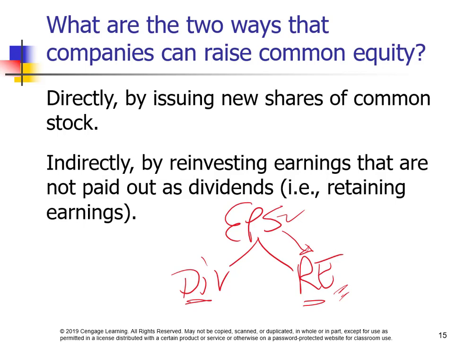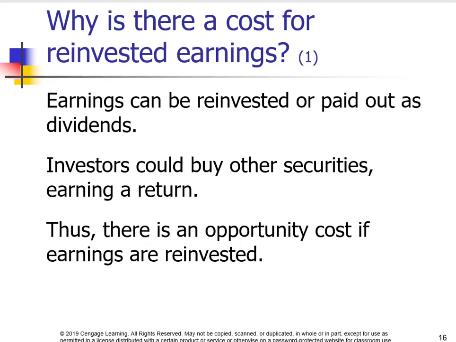They're not all the same level. So why do we need a cost for reinvested earnings? The simple, quick answer is it's an opportunity cost. Your money is reinvested, so that means you should have an opportunity to earn a return, at least what that earns.